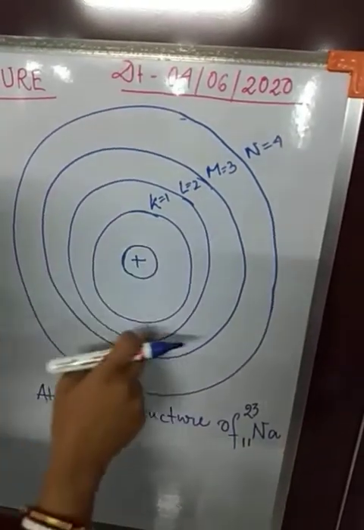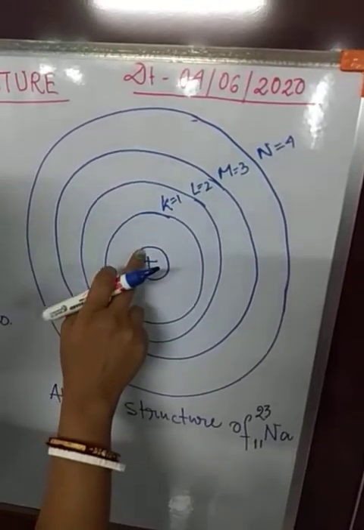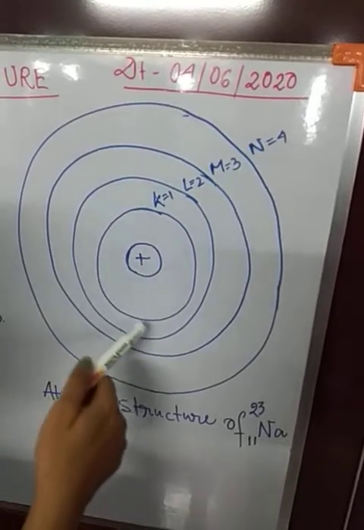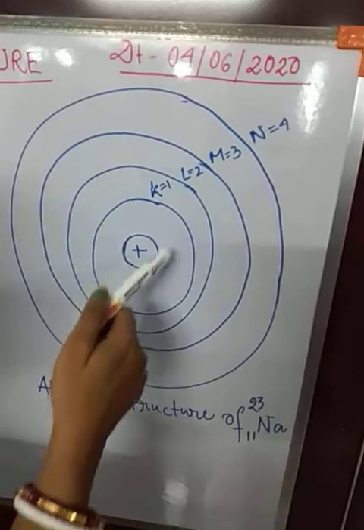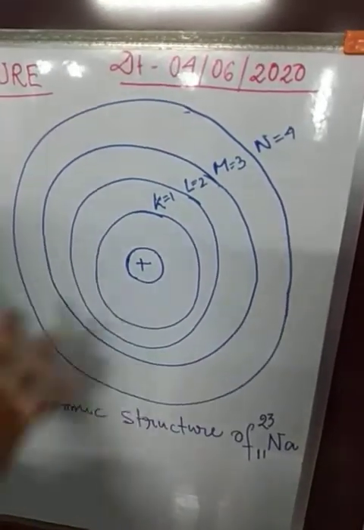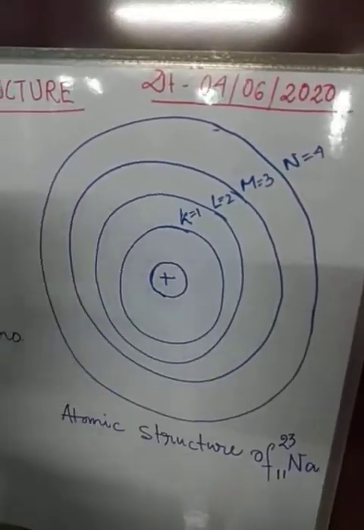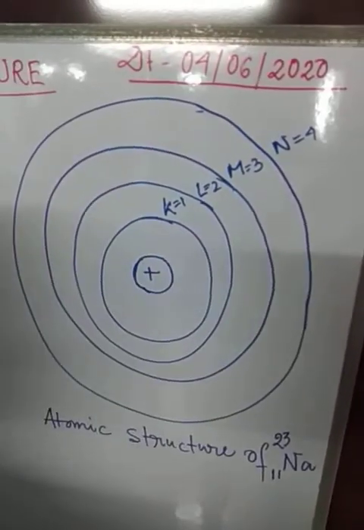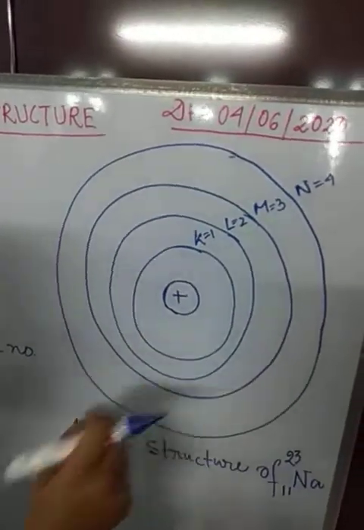These are some circular paths around the centrally located nucleus. In the atomic structure there are two parts: the center, and the outer part, which contains the shells.